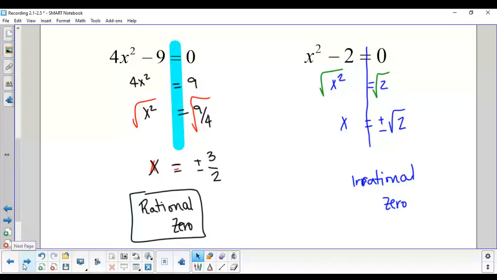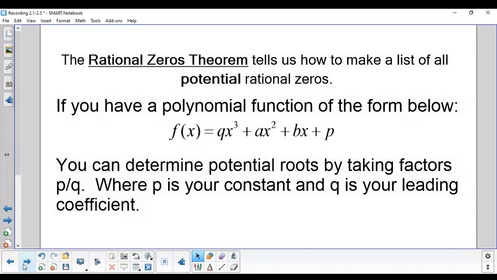All right, let's go ahead and take a look at how this connects to our rational zeros theorem. So our rational zeros theorem basically tells us how many possible or potential rational zeros exist. So our degree tells us how many exist, and our rational root theorem tells me which ones we might want to test.